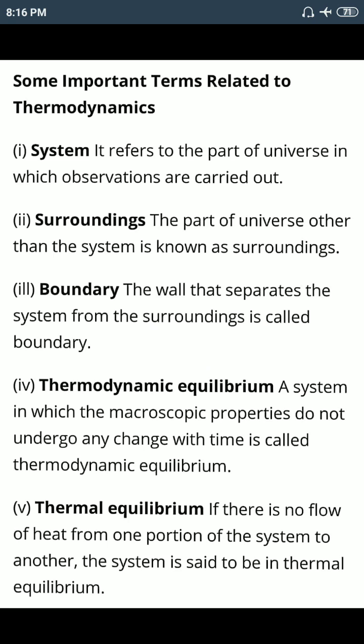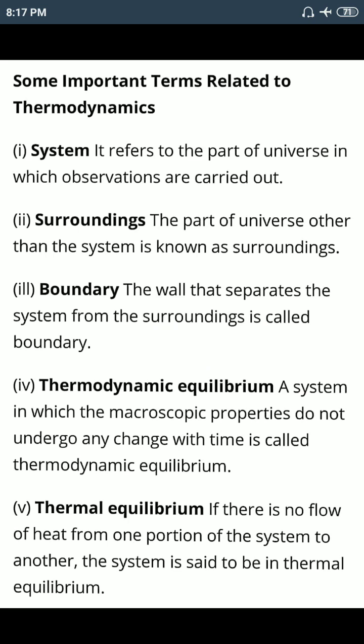Thermodynamic equilibrium and thermal equilibrium. Any system you consider may be in thermodynamic equilibrium. Its meaning is that the macroscopic properties do not undergo any change with time.